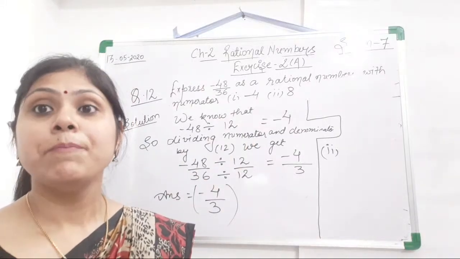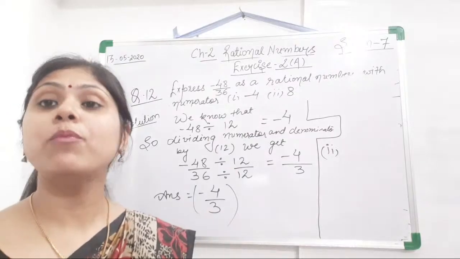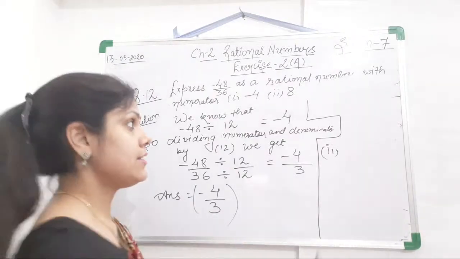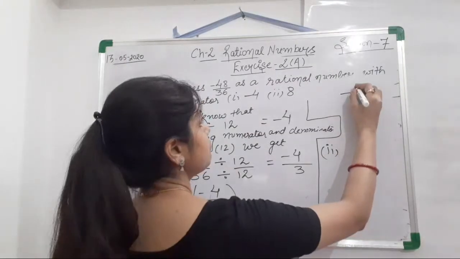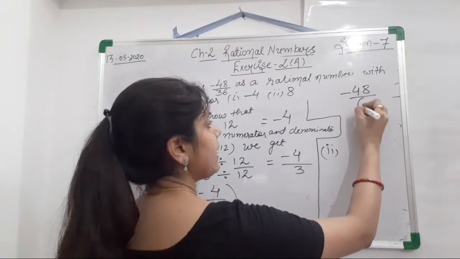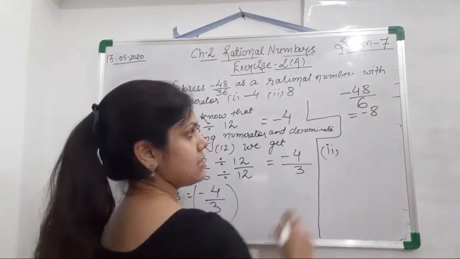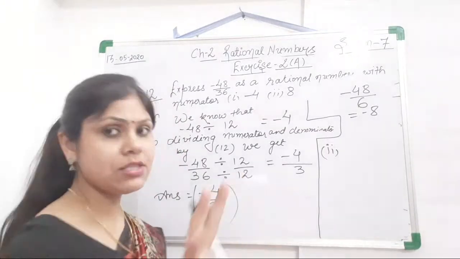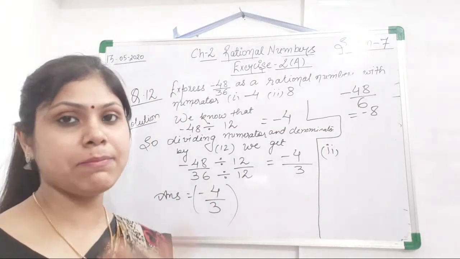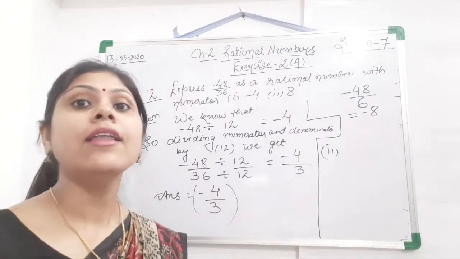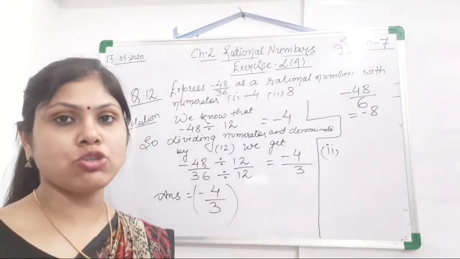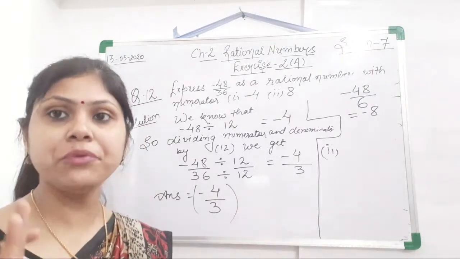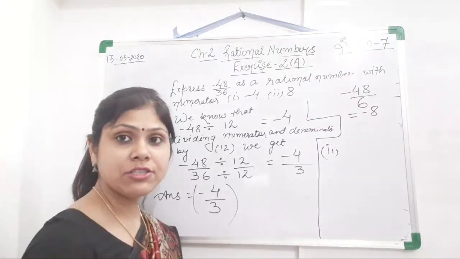So should this 6 be positive or negative? Let us find out. Minus 48, if you divide by 6, then you will get minus 8. You know that you have to divide by 6, but the confusion is whether it should be minus 6 or plus 6. So you can use rough work for that, use the rough column and find it out from there.